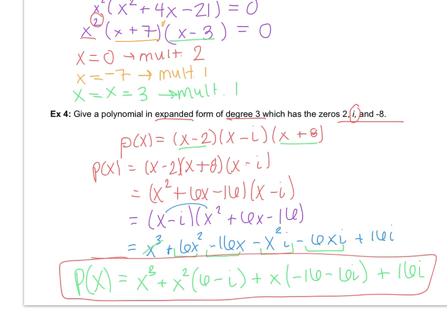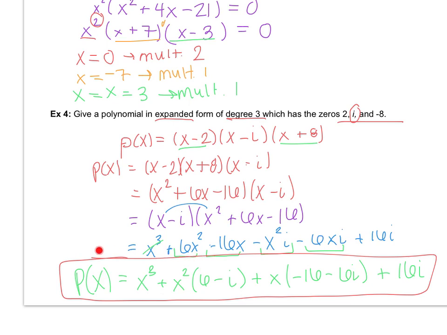The most important thing to notice from this example is that I was given a complex zero with an imaginary part, and in turn those factors gave me a polynomial with non-real coefficients. So the coefficient of x squared is 6 minus i. That's not considered a real coefficient.